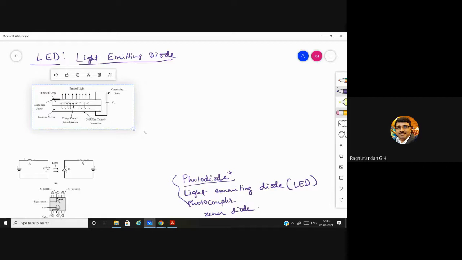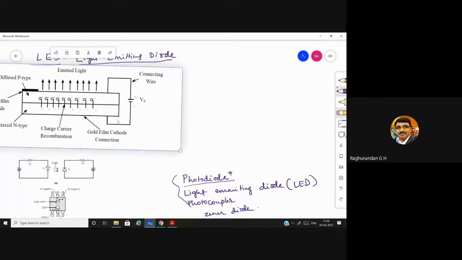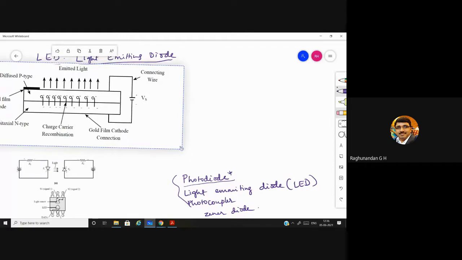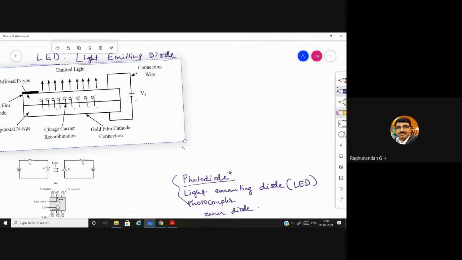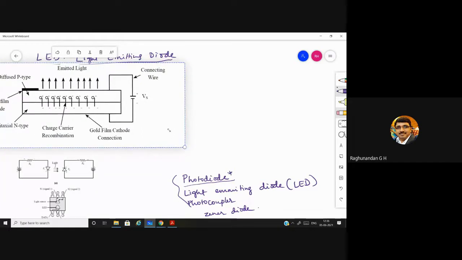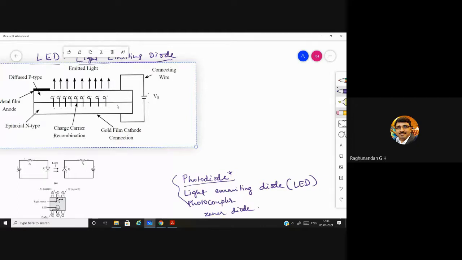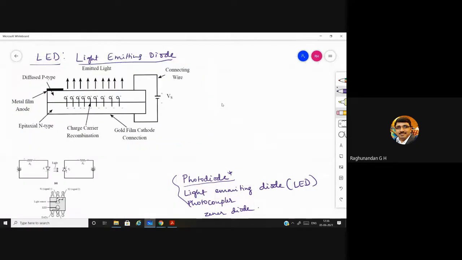In the construction of an LED, we use different materials like gallium arsenide, which is GaAs, gallium phosphide, and gallium arsenide phosphide.